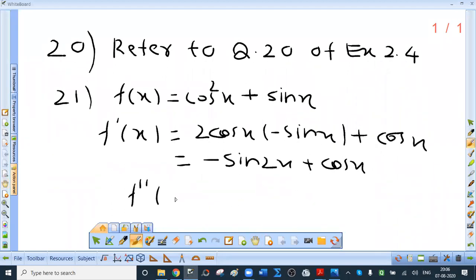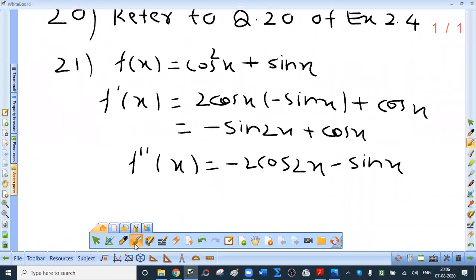So f double dash of x is nothing but minus 2 cos 2x. Why? The derivative of sine is cos into the derivative of 2x, which is 2. You have to remember the chain rule. Minus, rather cos x has derivative minus sin x. Okay.